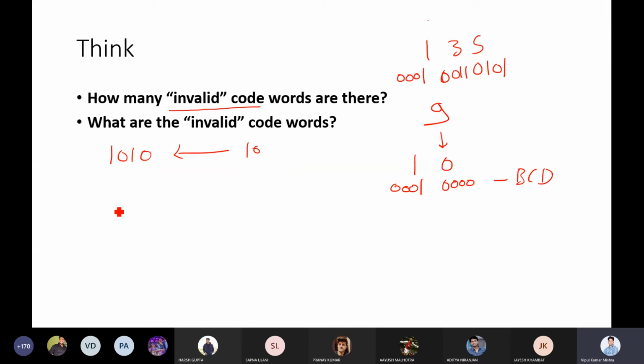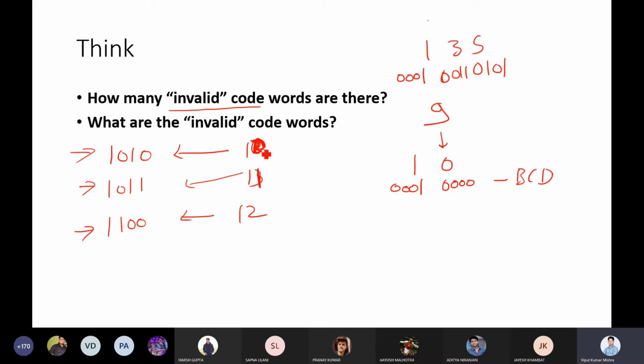Then 1011, then 1100. So is there really any chance of these numbers coming in the BCD system? No, sir.